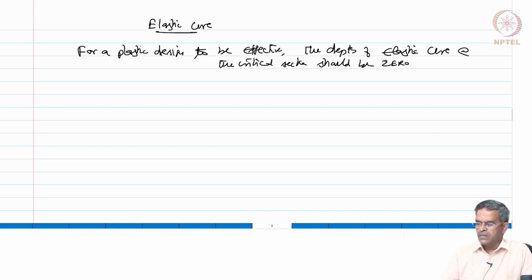Because at that section it is fully plasticized. So, elastic core should be 0. Then only at these sections plastic hinges can form.